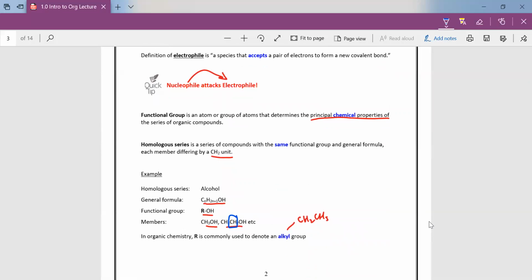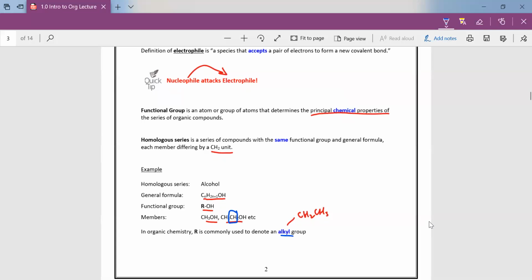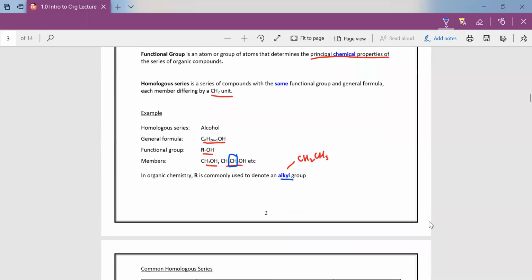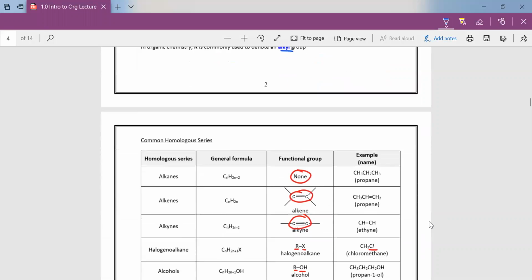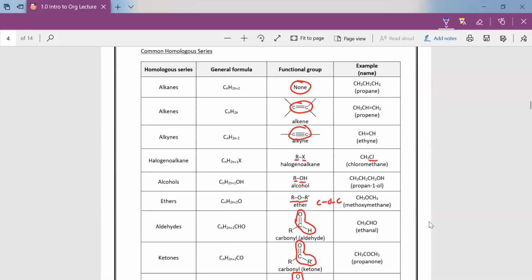In organic chemistry, when we say R group, we actually mean an alkyl group, like a CH2, CH3 group, or a methyl or propyl group. So some common homologous series.